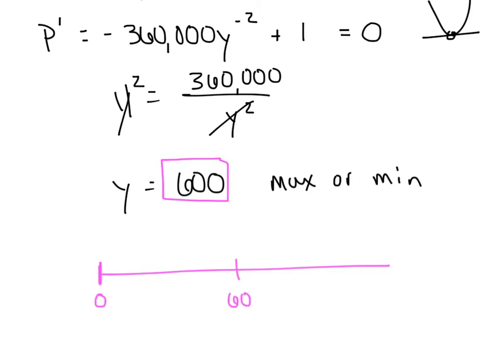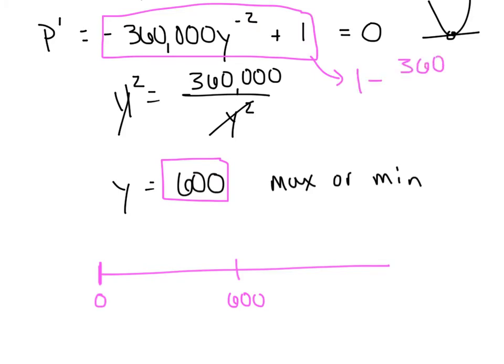But anyway, for the derivative, when we plug back in, I want you to picture 1 minus 360,000 divided by y squared. If I substitute a 1 into that expression, I definitely get negatives for p prime. And if I substitute something like 700 into there, I'm going to get positives. Therefore p is decreasing and then increasing.